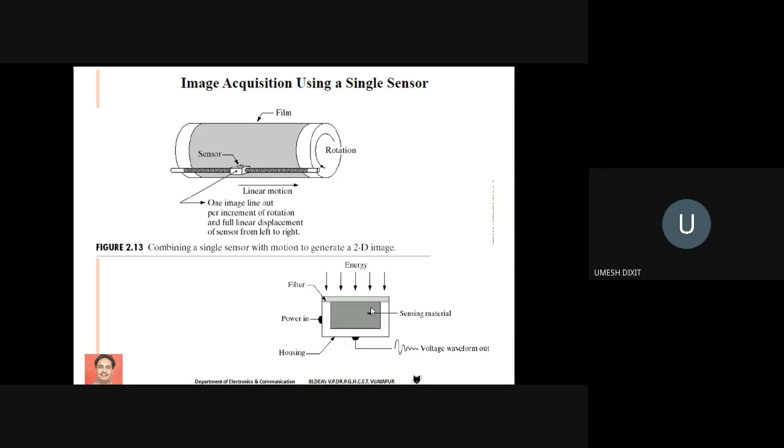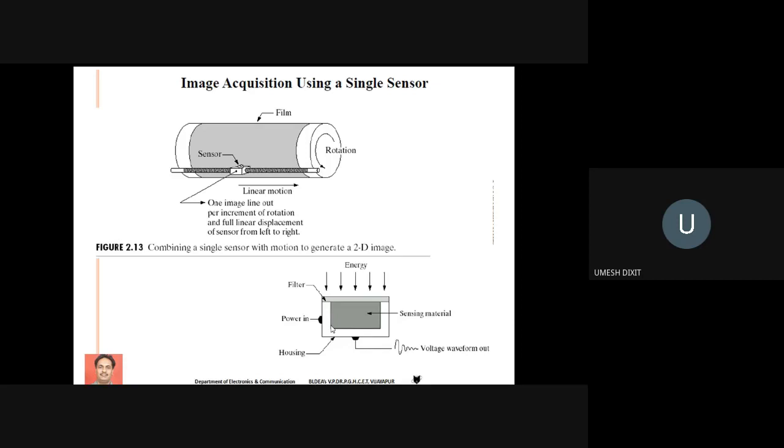And here we have the output of the sensor. The output of the sensor may be either voltage or it may be a current. So this electrical signal, the output of the sensor, is going to vary depending on the amount of light falling on the sensing material. Okay, so this particular diagram shows about single sensor. Remember, photodiode is one of the good examples for single sensor.